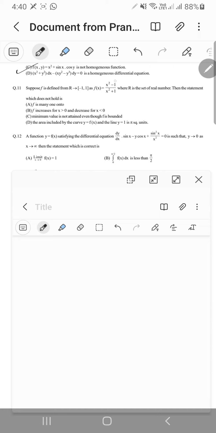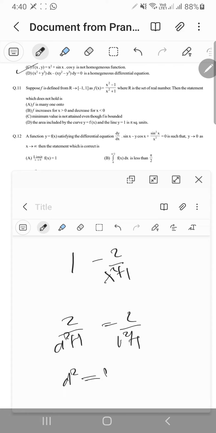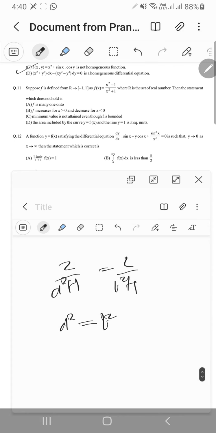This thing is always defined, so we can write it as 1 minus 2 upon x squared plus 1. So f of a being equal to f of b just means that 2 upon a squared plus 1 equals 2 upon b squared plus 1, which gives a squared equal to b squared. So no, it's not a one-to-one function, it's a many-to-one function. And is it onto?